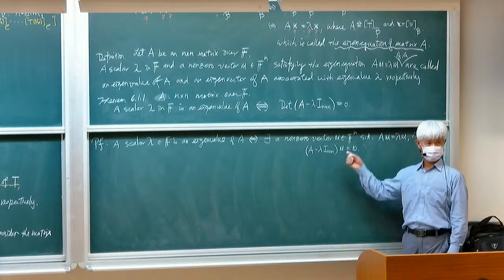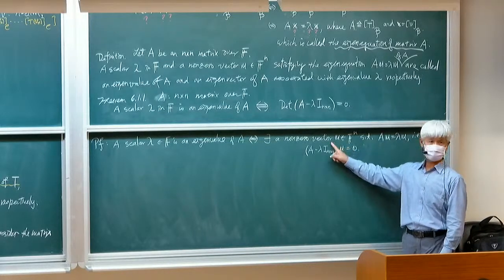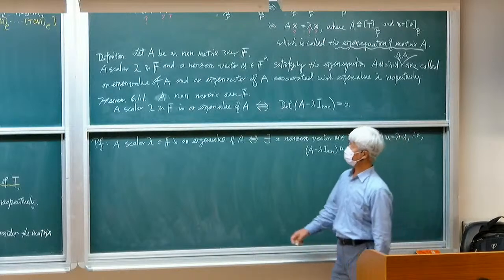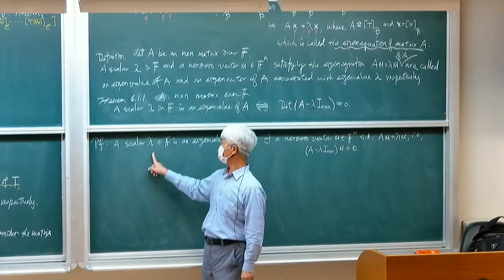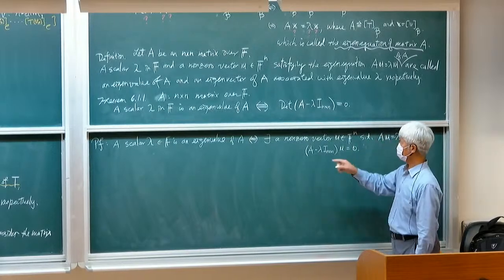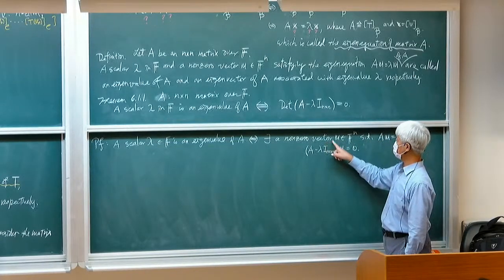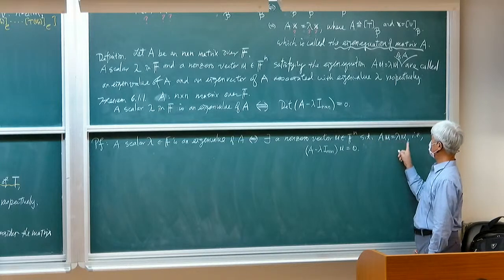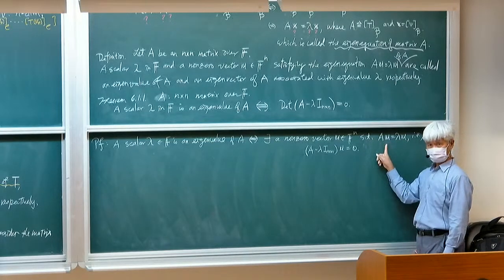Any questions for the equivalent statement? Saying that lambda is an eigenvalue of A means there exists a non-zero vector U such that this eigen equation is satisfied.